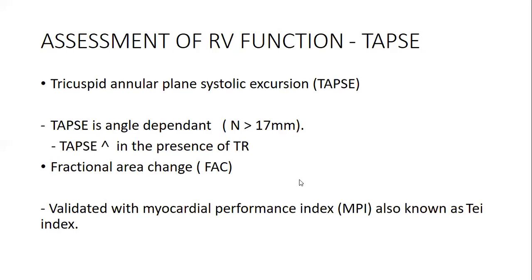So you find that MRI becomes the gold standard when you want to quantify the right ventricle function. But the question is, do we have MRI in all the centers? The answer is no. So as much as we are using these parameters, we also have to be aware that in cases where they have to quantify, we can also refer these cases.